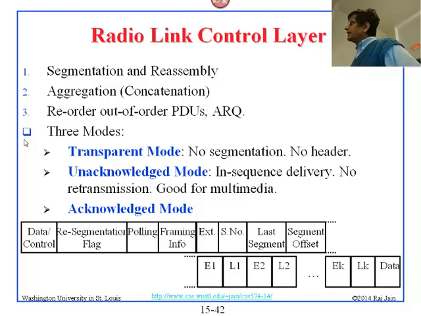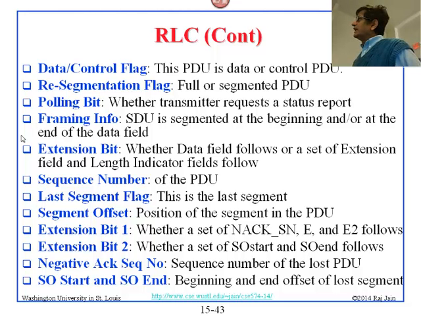Segment offset. E1, L1, E2, L2, EK, LK. So there are a variable number of these E bits, and they are called extension bits. They say whether a set of NACK, E1 or E2 follows, and whether a set of SO start and SO end follows. SO start and SO end are the beginning and the end of the offset of the lost segment.